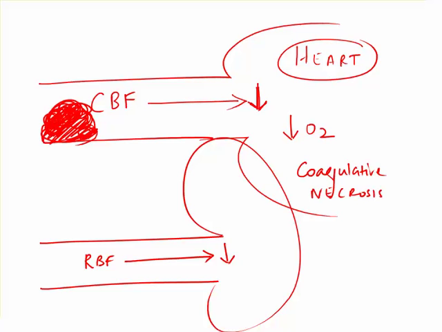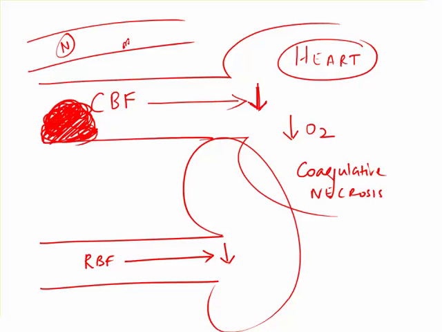infarction. Once again, blood flow to an organ can be reduced for many reasons. If it is due to occlusion, something obstructing the blood flow, here I am giving the example of thrombosis. We have a blood vessel, and this is normal.